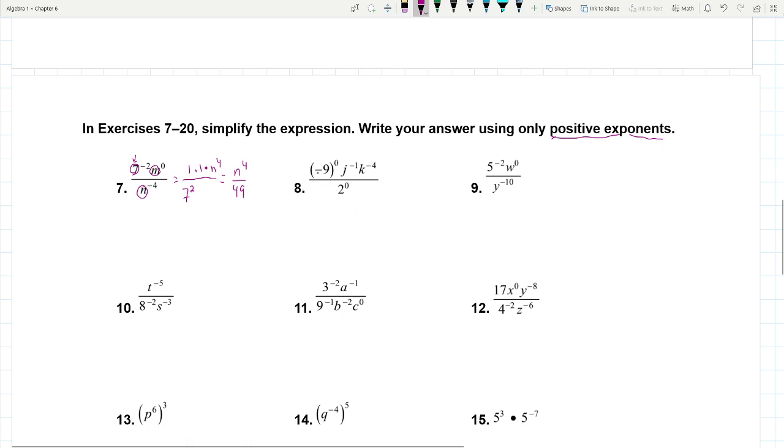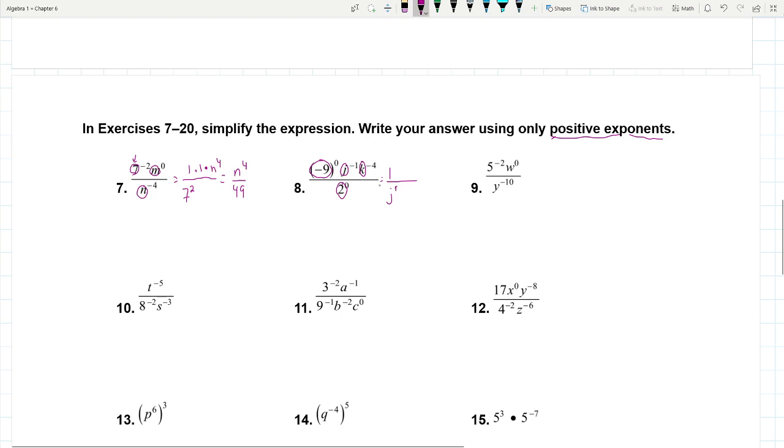All right, now I go on to number 8. I identify my bases, so negative 9, j, k, and 2. And I start off. I go, okay, negative 9 to the 0 power, that's 1. J to the negative first says that I'm on the wrong side, and so I do j to the first.